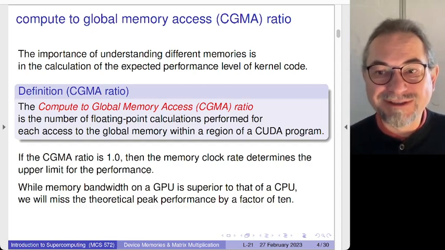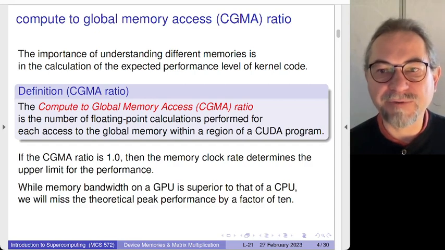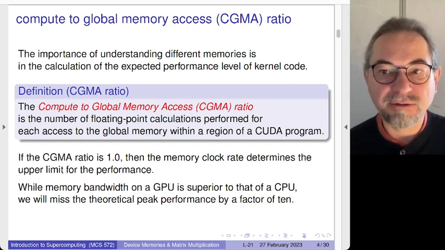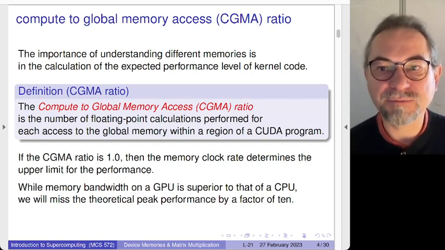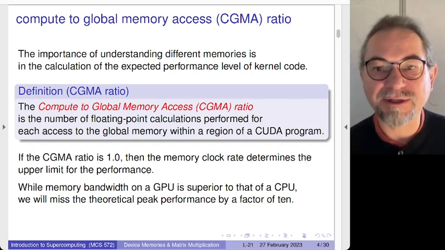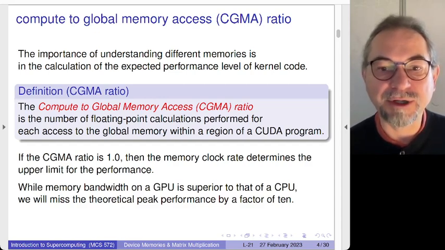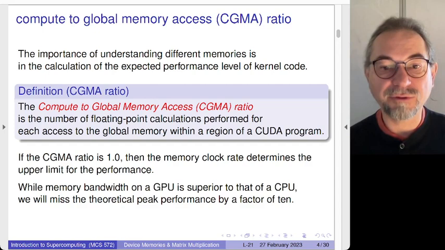Earlier in the course we distinguished between memory bound and compute bound, very important in any computation, even if it's not parallel. If you have a compute to global memory access ratio of 1, then you will have a memory bound computation, and then the memory clock rate will determine your performance.